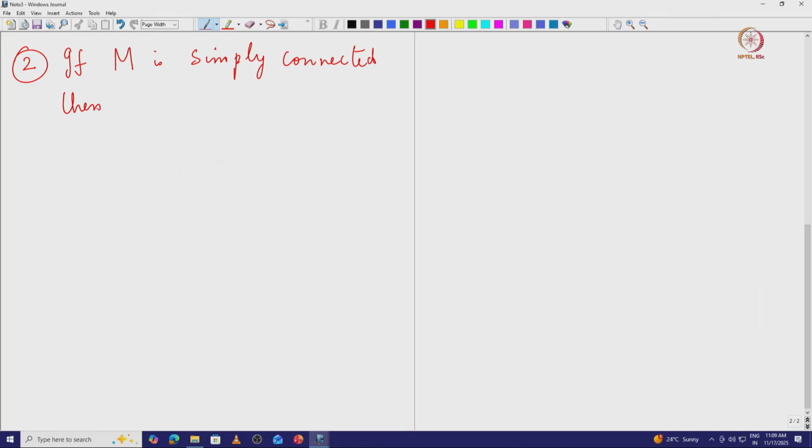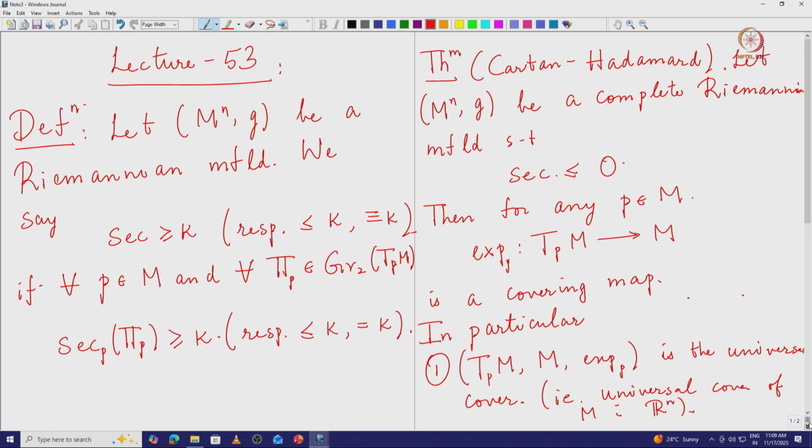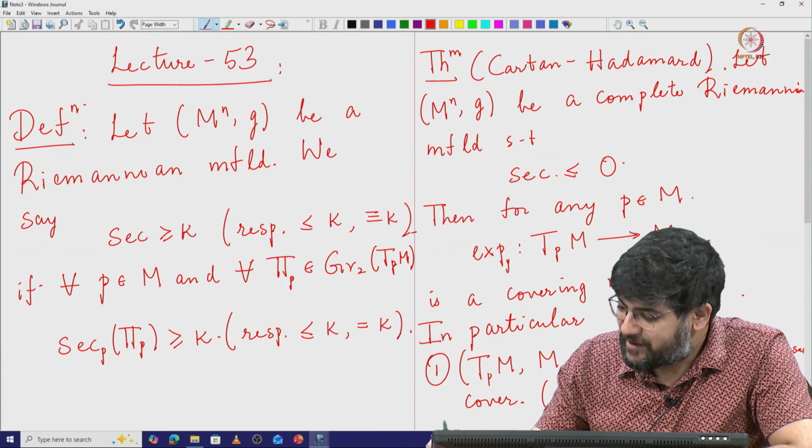So then this would imply that M is diffeomorphic to R^n. Okay. So this is a beautiful theorem: just by assuming a curvature condition, namely that the sectional curvature is non-positive, you can actually classify the universal cover of your manifold, right.